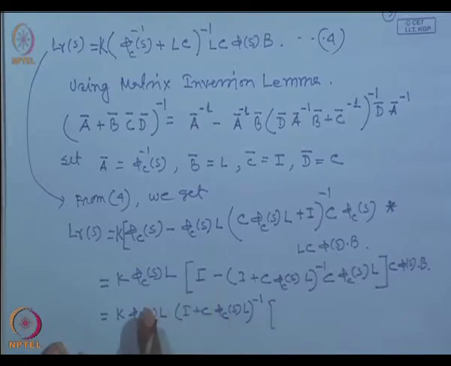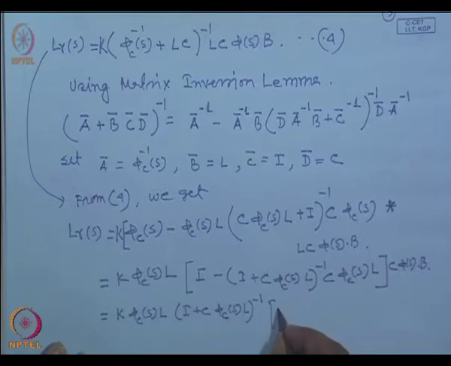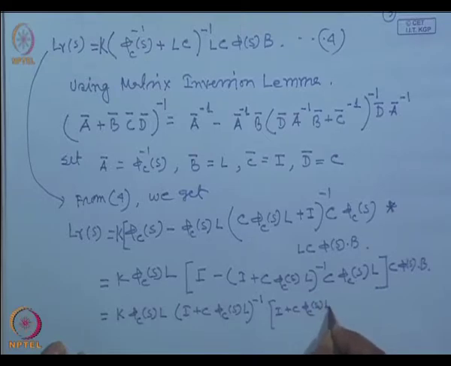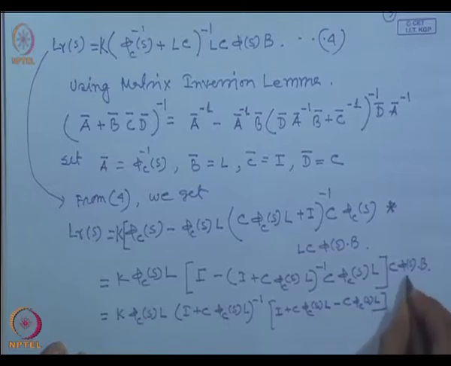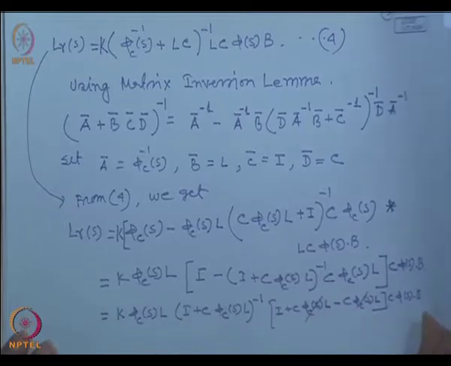Then what is left here? Because I am writing this matrix as I plus C phi C L, what is left is I plus C phi C S into L, minus this one, because I have taken common C phi C S into L. Close this one, then C phi C S, then C phi of S into B. So, you see this cancelled.